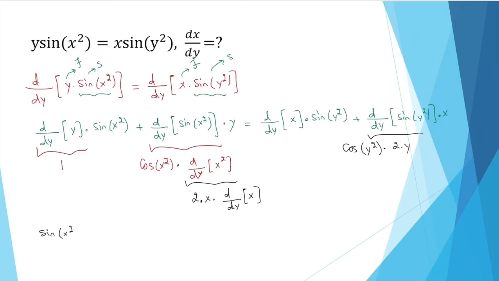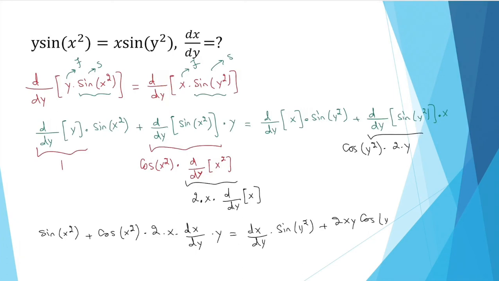We have 1 times sine of x squared, so sine of x squared plus cosine x squared times 2 times x times dx over dy times y is equal to dx over dy times sine of y squared plus 2xy cosine y squared.